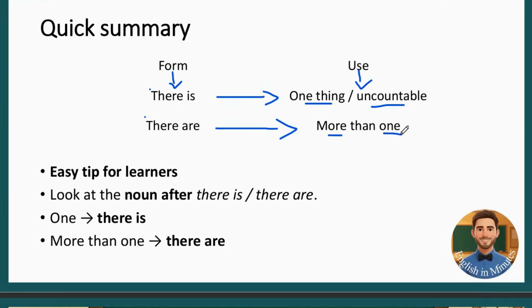Okay, more than one thing. So on the bottom of the page, easy tips for learners. Look at the noun after there is and there are. Okay. Remember, there is we use when it is only one thing. There are we use when it is more than one. Okay. Quite easy.